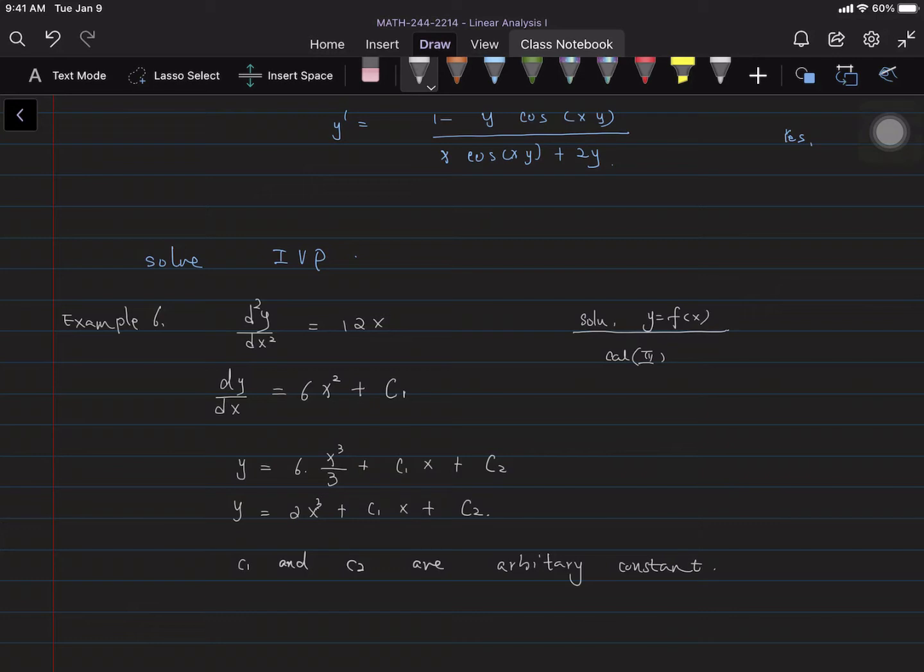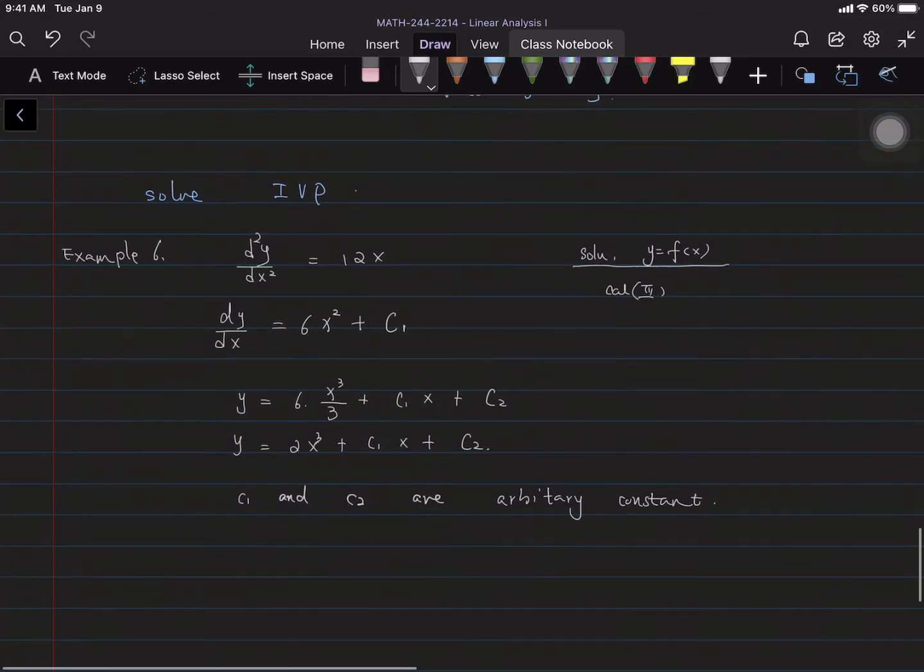Second order usually has 2 arbitrary constants because we do two integrations, so it always has 2 constants. And for this kind of solution, we say this is the general solution. So what does the general solution mean? The general solution always has arbitrary constants. So this is one example, and it's pretty easy.